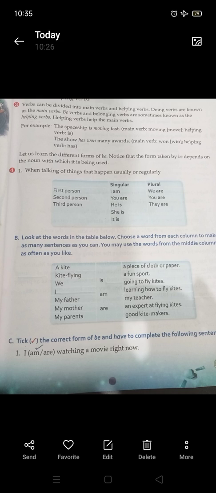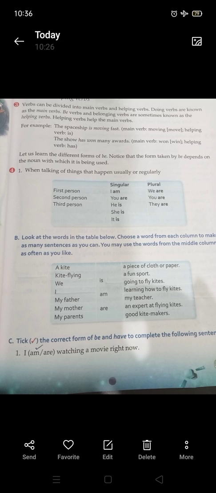Third person, singular: he, she, it. Plural: they.